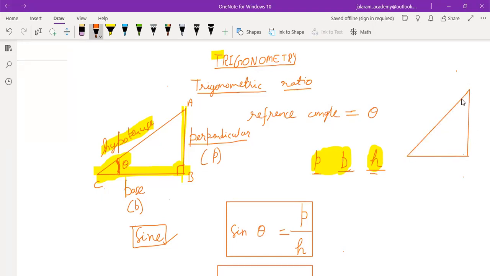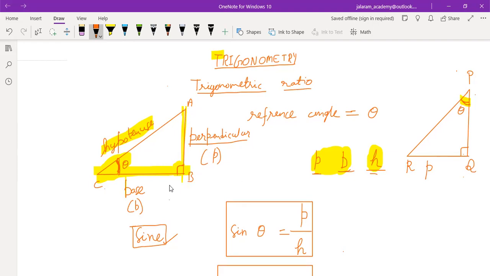But this time, the reference angle is lying in this place. Let's assume that this is triangle PQR. This time, the side opposite to this reference angle, though it is horizontal, is stated as perpendicular. Why? As it is opposite to the reference angle.